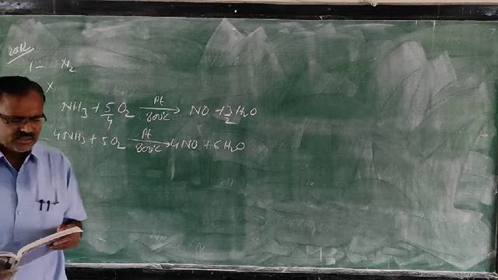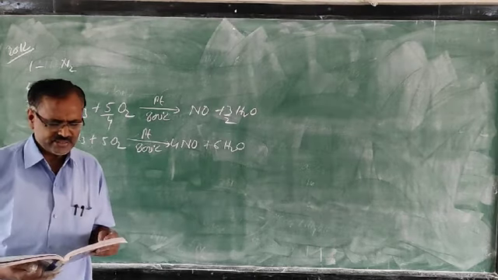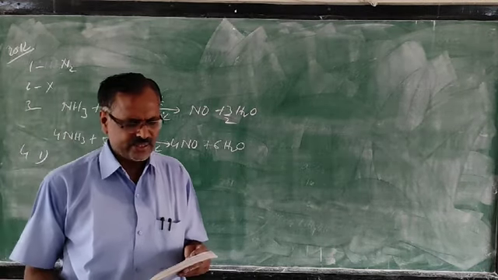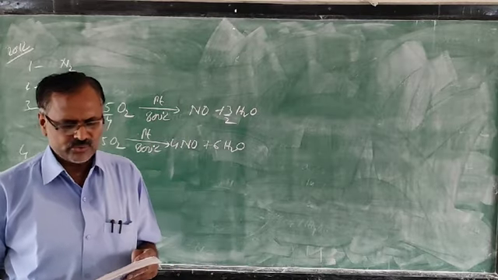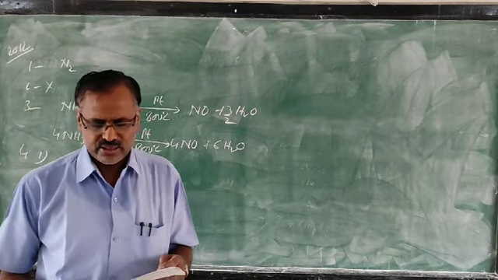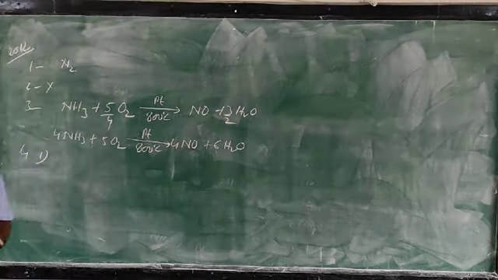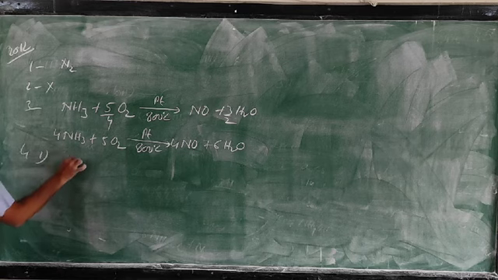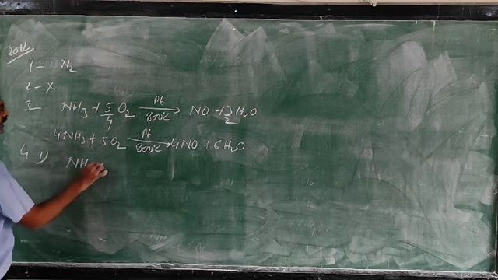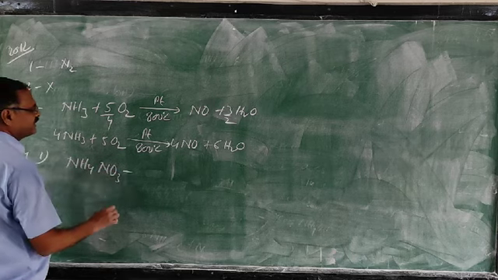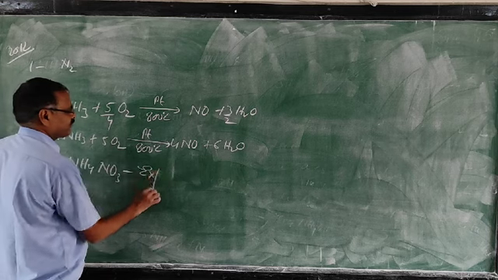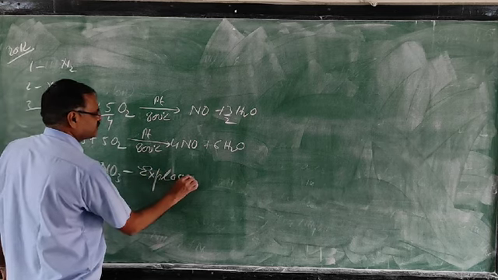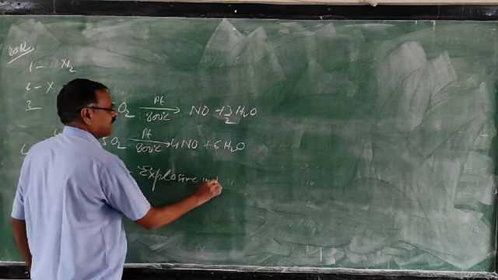Now the fourth one. The following questions are based on the preparation of ammonia gas in the laboratory. Explain why ammonium nitrate is not used in the preparation of ammonia. Ammonium nitrate is explosive in nature.